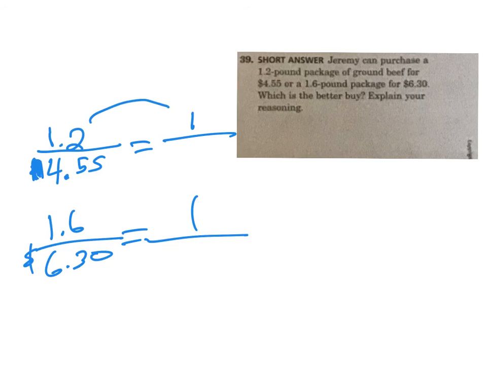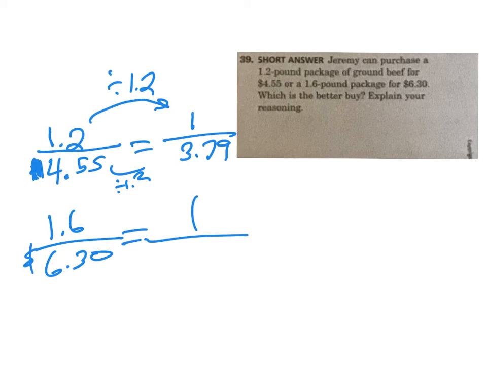So I go from here to here is 1.2 divided by 1.2, and I do that to the same to the bottom. 4.55 divided by 1.2 equals 3.79. So per pound it's $3.79.